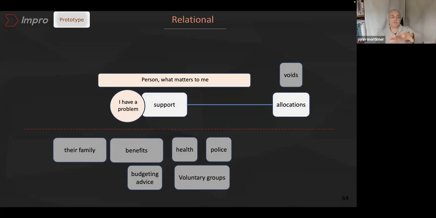The top of the diagram demonstrated that we were looking at this holistically, looking at the system from the person's perspective. So we were able to go into all of those boxes at the bottom to help deal with the situation with the people that needed help.